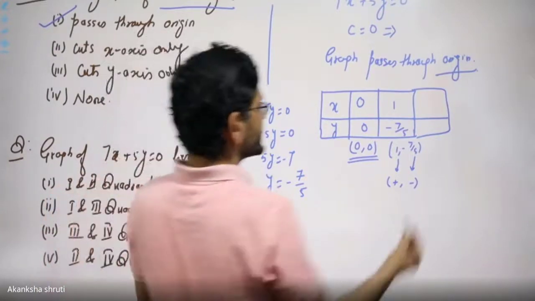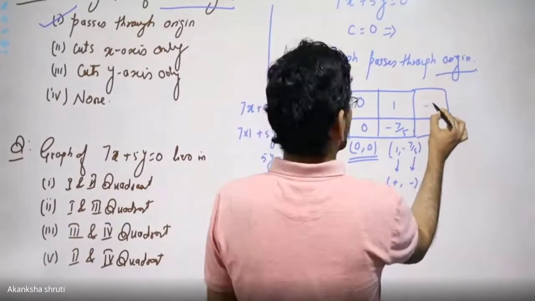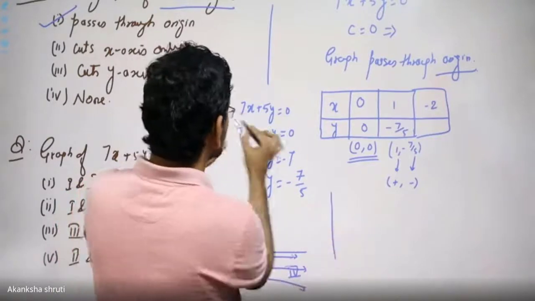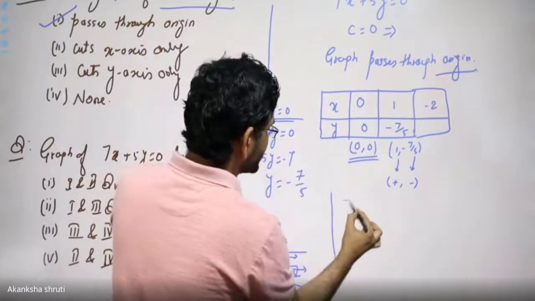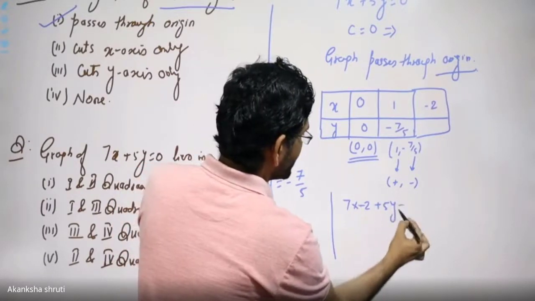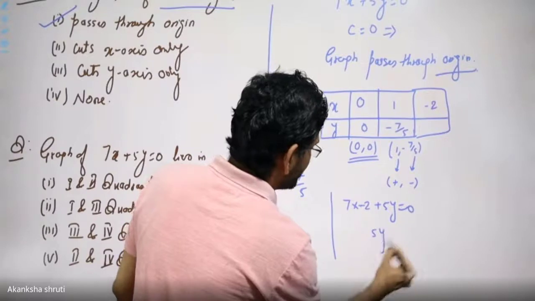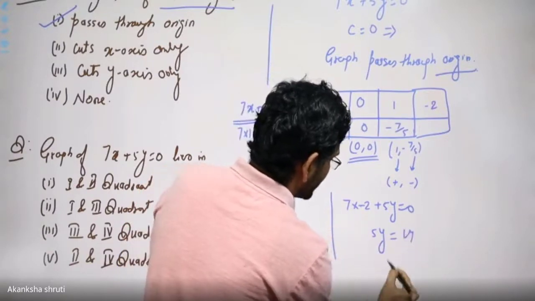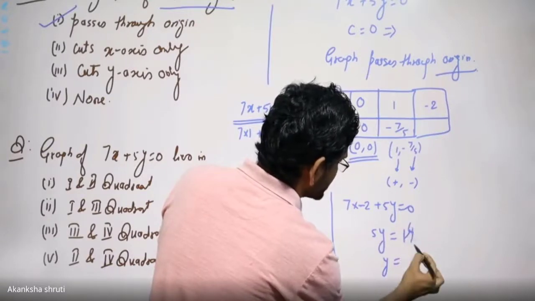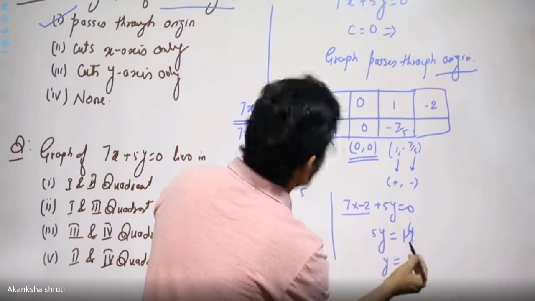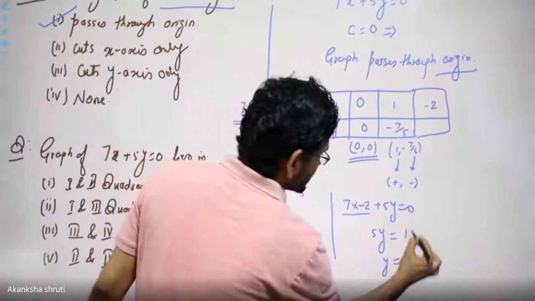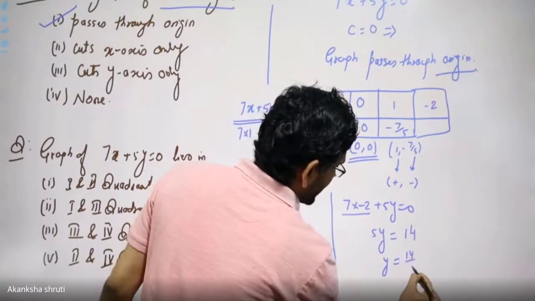Students, let us take x equals minus 2, or even minus 1 also. Substituting x as minus 2 in this equation, we get 7 into minus 2 plus 5y equals 0. Means 5y equals 14, since minus 14 on the left side becomes plus 14 on the right side. So y is 14 by 5.